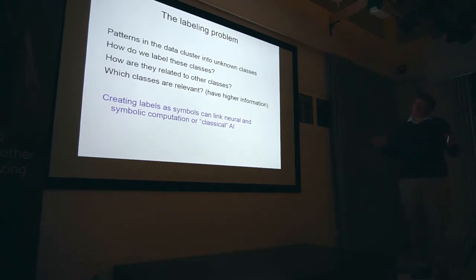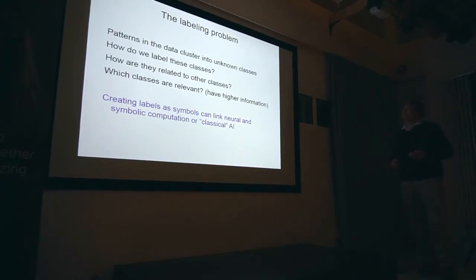When you talk about unsupervised learning, you're basically coming up with clusters, and then the problem is how do you label these clusters? There's been some success in that. For example, in natural language processing, when you do topic modeling, that's unsupervised, and you have to be able to name a topic, for example.